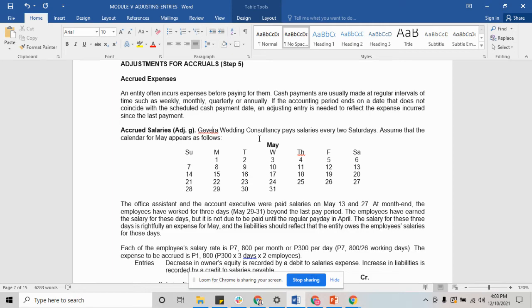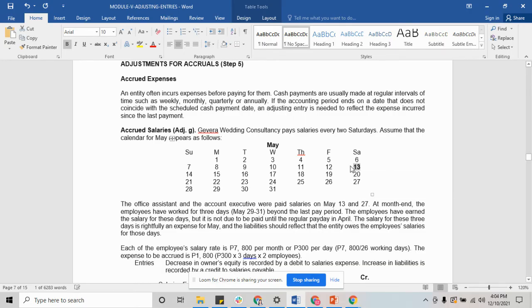For example, Rivera Wedding Consultancy pays salaries every 2 Saturdays. Assume that the calendar for May appears as follows. Every 2 Saturdays, meron siyang binabayarang salary daw. The office assistant and the account executive were paid salaries on May 13 and May 27.